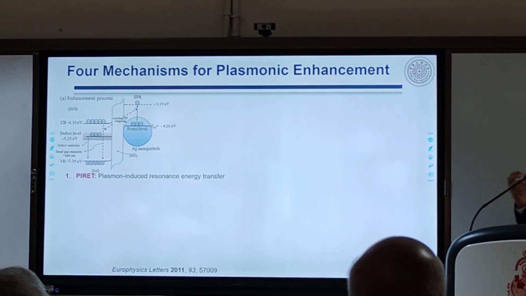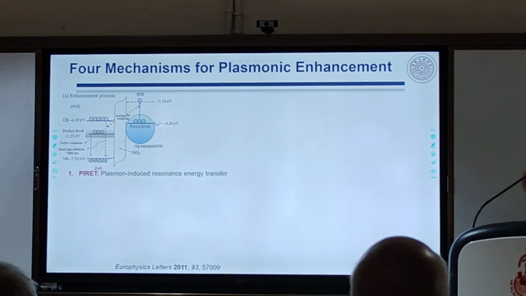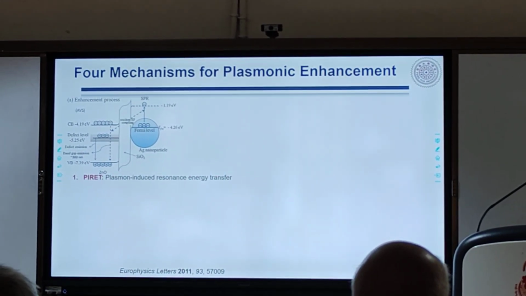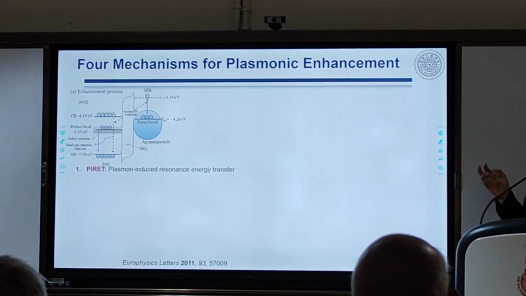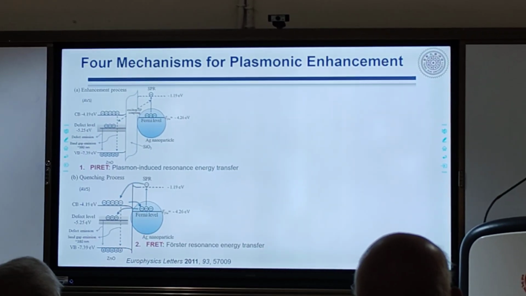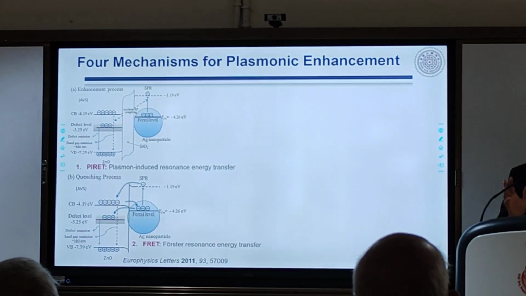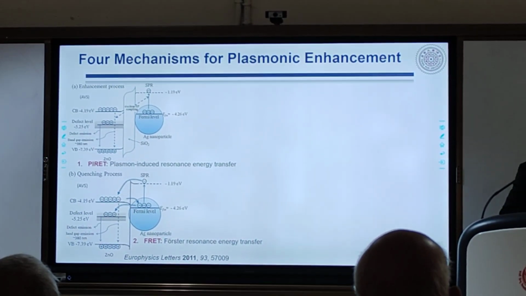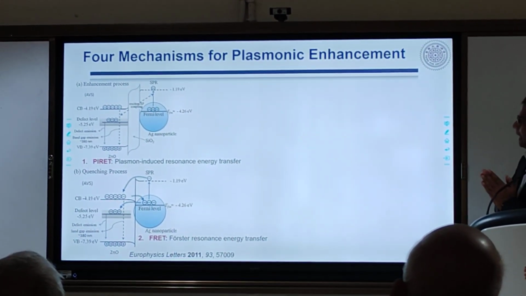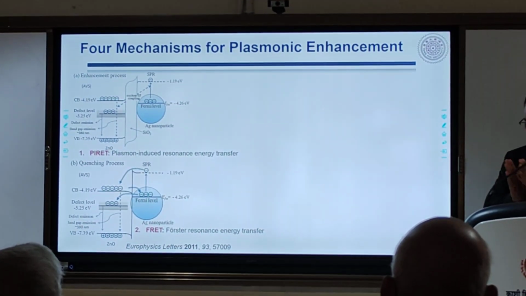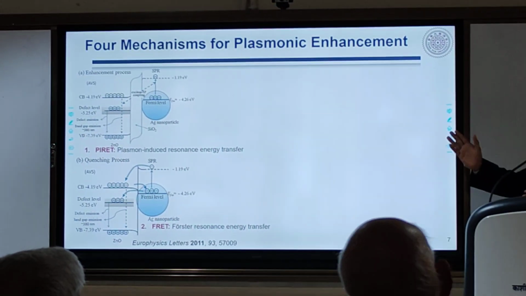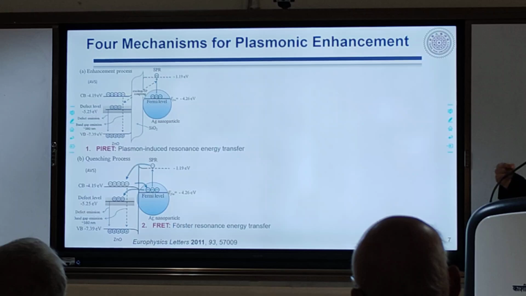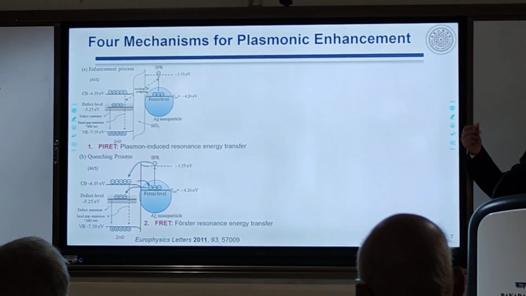If their resonance frequencies match very well, they will couple together and energy will be transferred from one material to the other. It also depends on how close the contact is. If the contact distance between metal and semiconductor is more than 10 nanometer, there will be the PIRET effect, meaning energy will be transferred from the metal to the semiconductor.